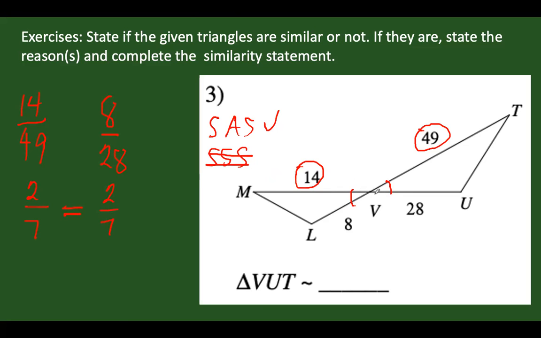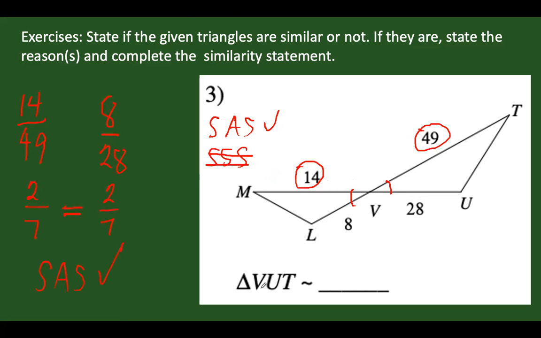Since these angles are the included angles of the two sides, we could say that SAS can be used to show that these two triangles are similar. So therefore, the two triangles are similar.